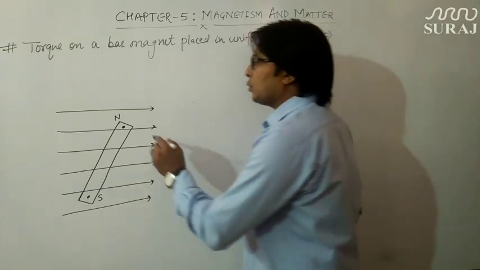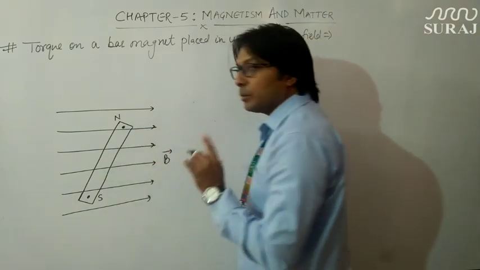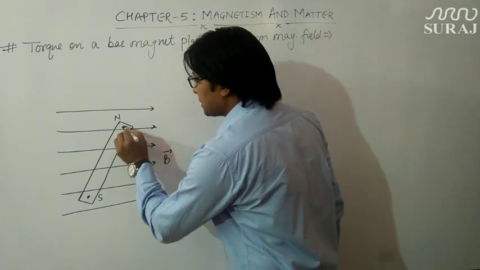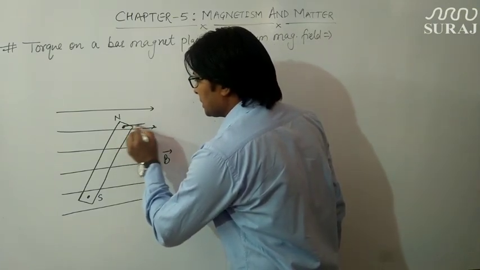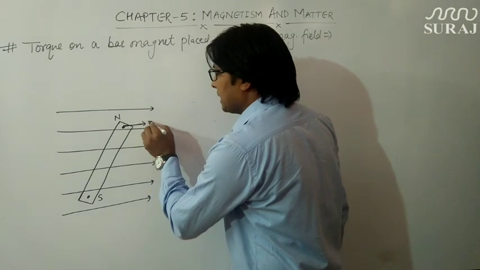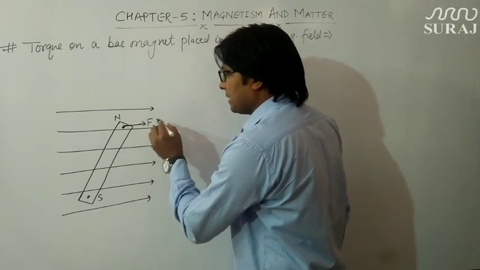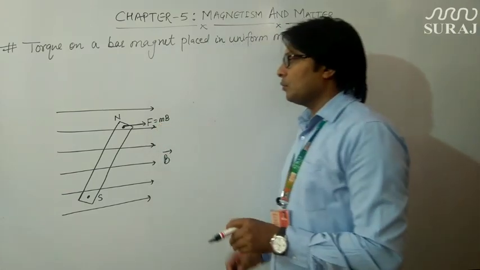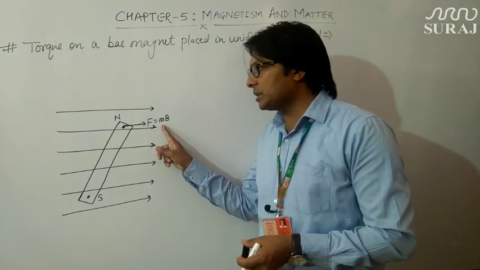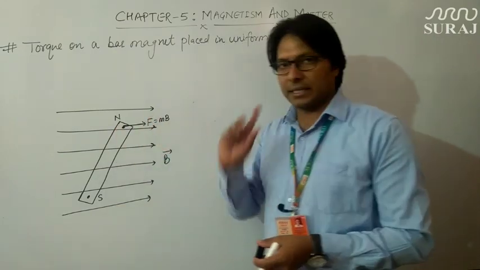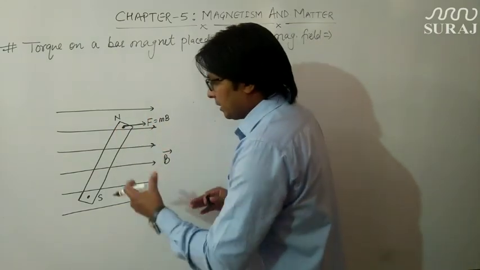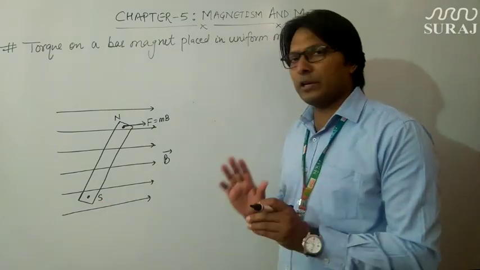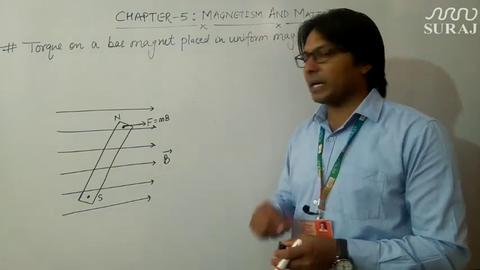Here the north pole will be subjected to a force in the direction of magnetic field, in this direction, and I have represented this force as F1 or simply F. So F is given as m into B. What is m? m is the pole strength of this bar magnet.